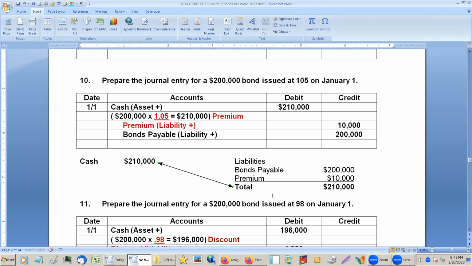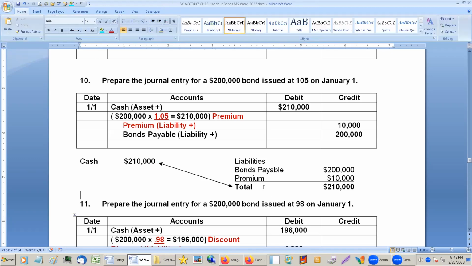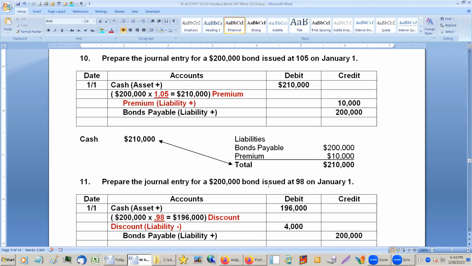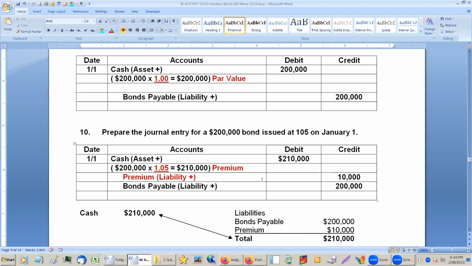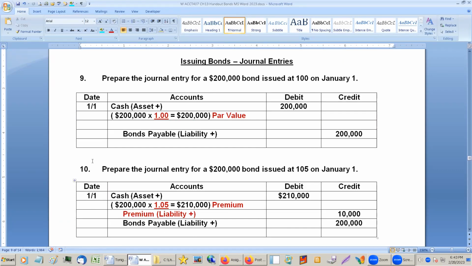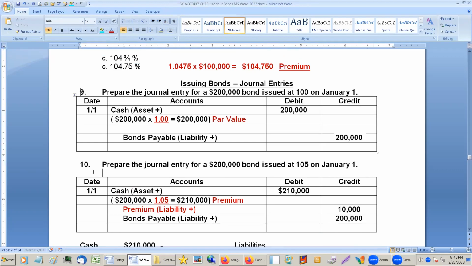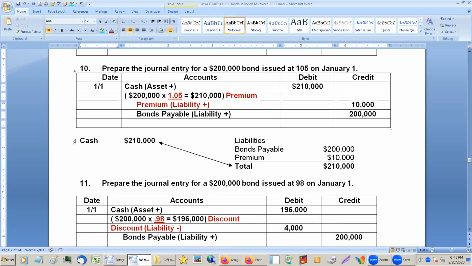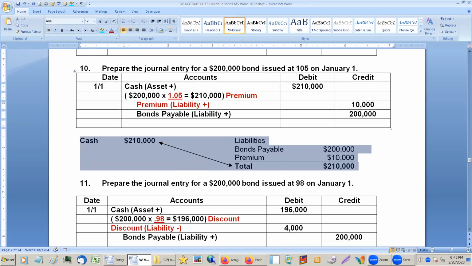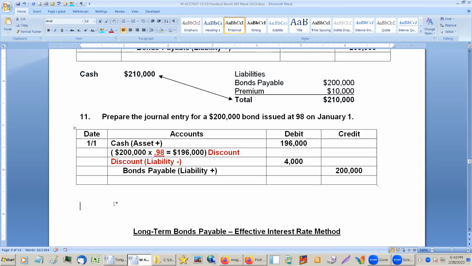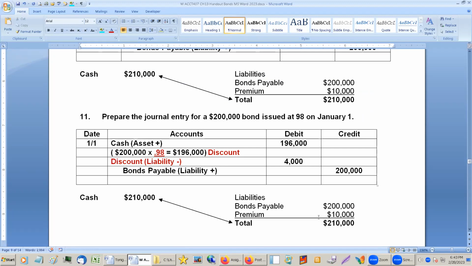If one side goes up by 210, then the other side has to go up by 210. Just getting a little more room here. This one down here would look like this.